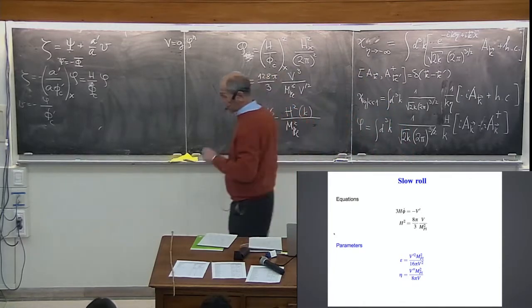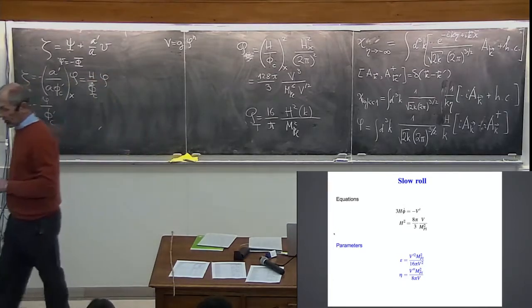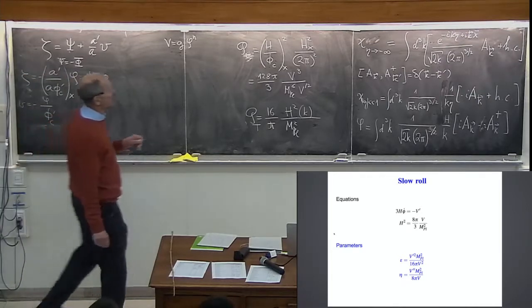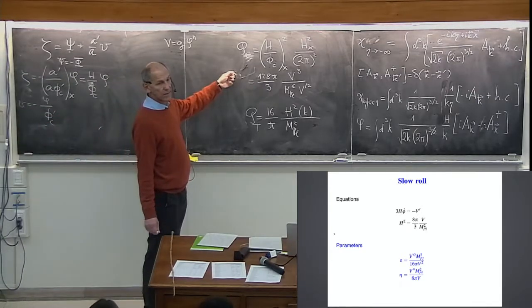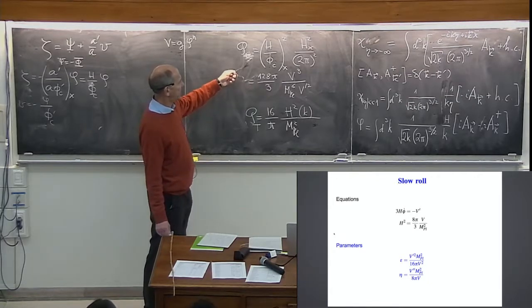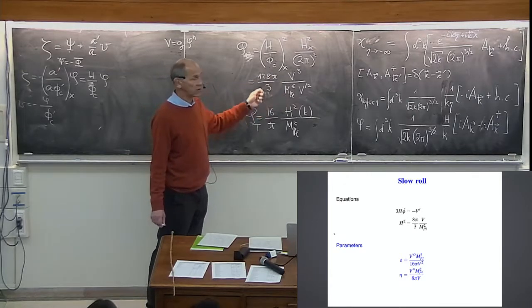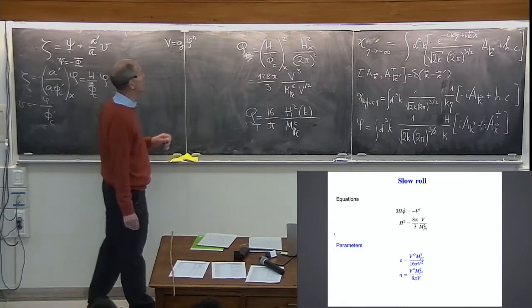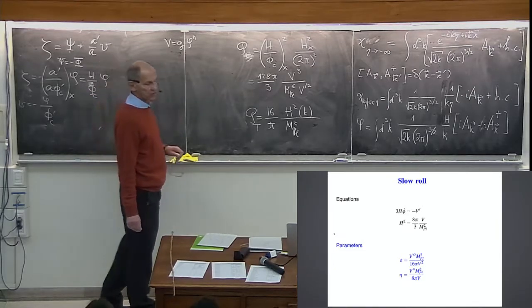The trouble is that you need a very small coupling constant in Planck units, right? Since my zeta here is very small, the power spectrum is 10 to the minus 9. This translates into the smallness of the coupling constant. So in Planck units, this coupling constant should be small.